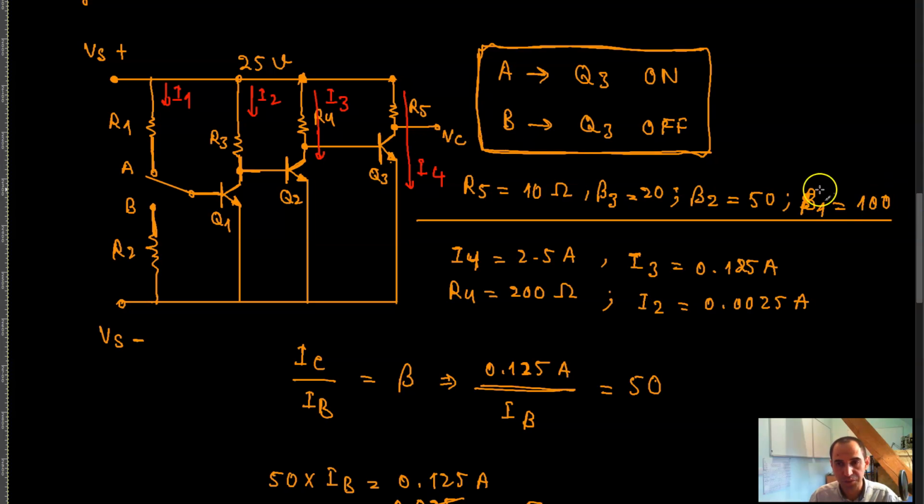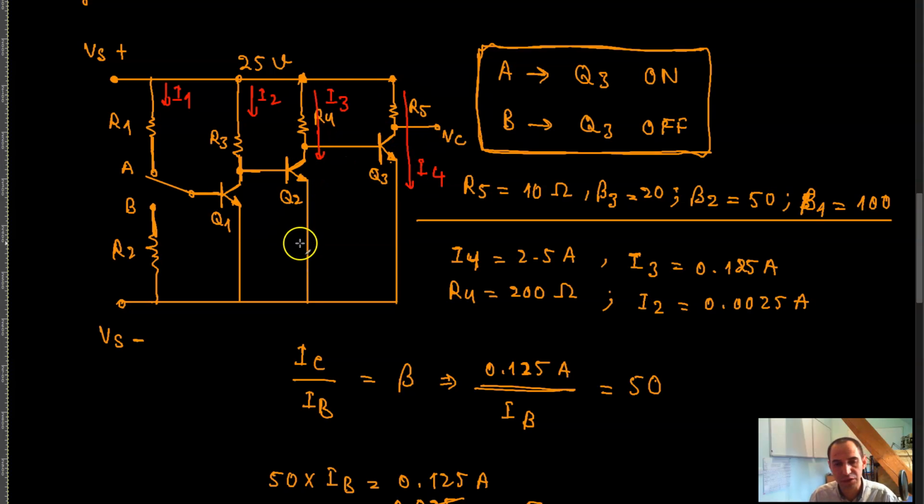The larger the betas, the faster you will get to smaller and smaller currents, because every time that you move to the base of the same transistor, the base current is going to be 1 divided by beta of that transistor, meaning that the collector current is always beta times the base current.